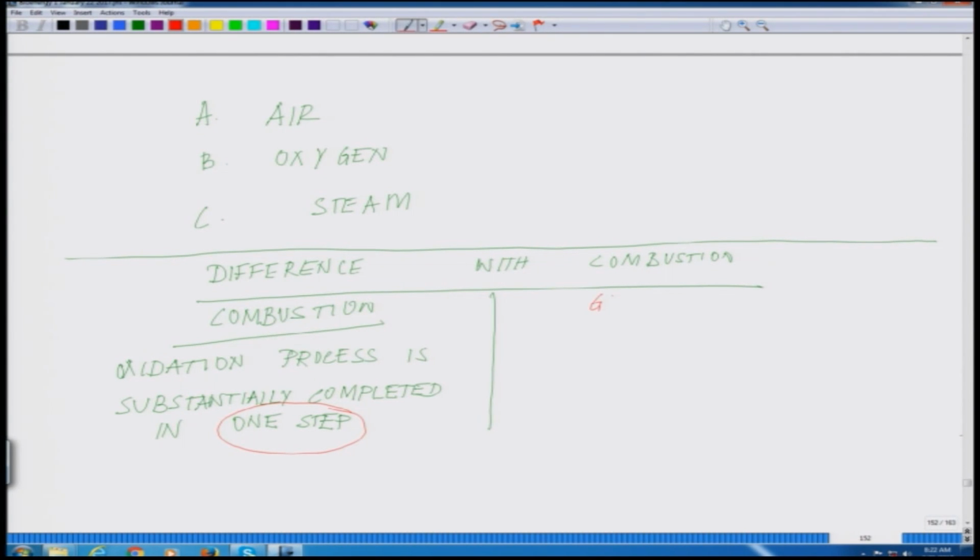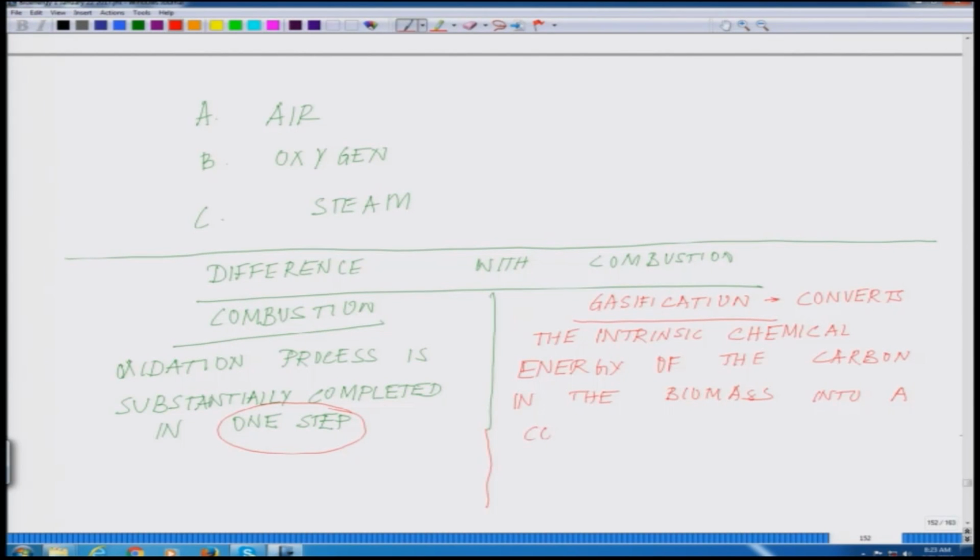Whereas, if we talk about the gasification process, gasification converts the intrinsic chemical energy of the carbon in the biomass, if you remember, this is what I have highlighted earlier, into a combustible gas in two stages.